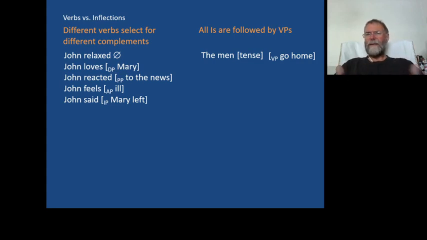So there does look to be a difference between what's going on with the inflection and the phrase that follows it, and the verb and the phrase that follows it. However, I think this difference can be understood in terms of the properties of these particular types of heads, and the general restrictive nature of the elements which follow them is the same. It's just that these different kinds of heads have different properties which lead us to these observable differences.